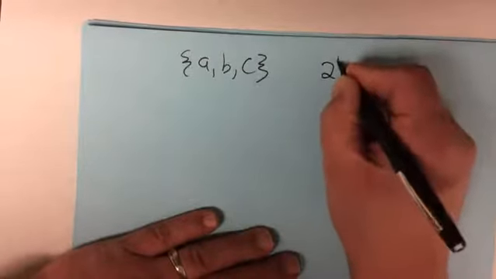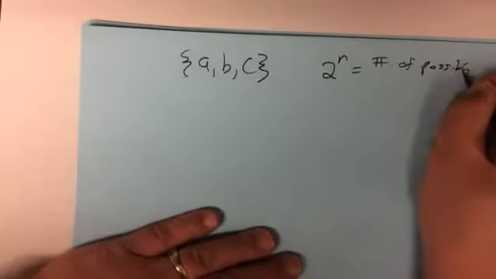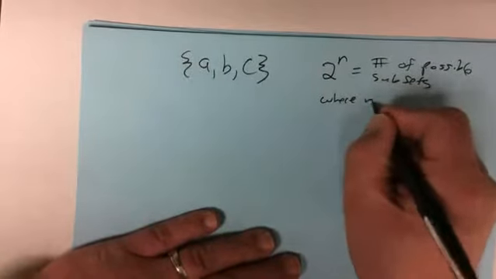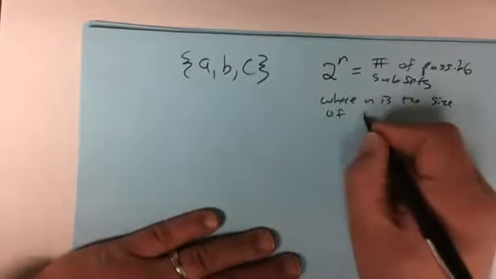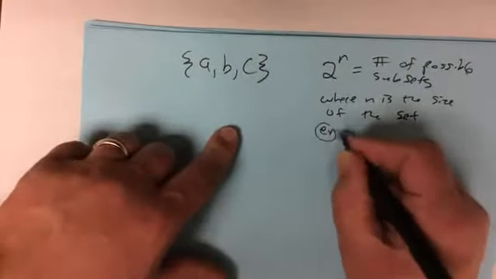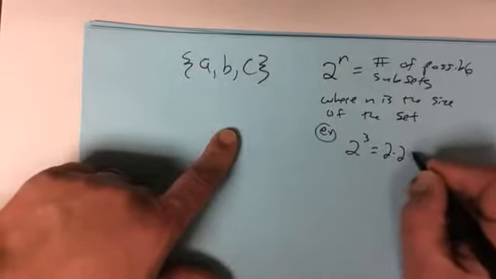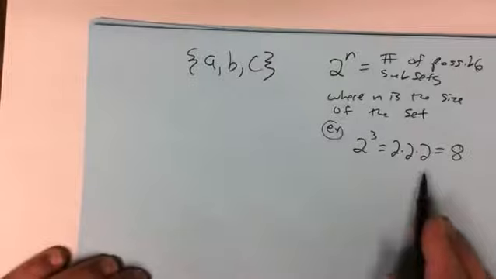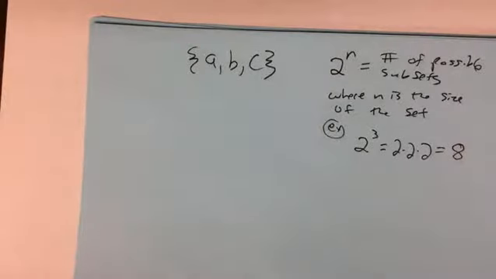There's a formula that says 2 to the n is equal to the number of possible subsets of a given set, where n is the size of the set. This set here has 3 elements, so I would do 2 to the third, that's 2 times 2 times 2, and I would get 8 possible subsets. So you should have 8 possible subsets. If you want to try, hit pause and see if you can find them all.